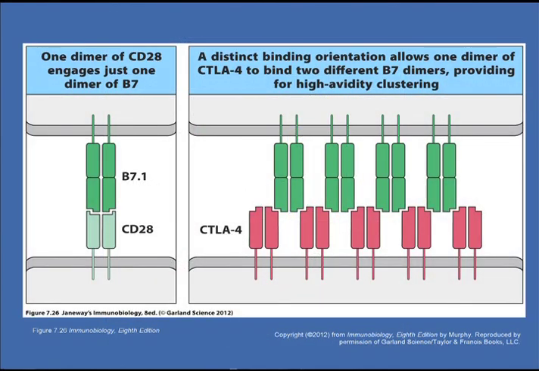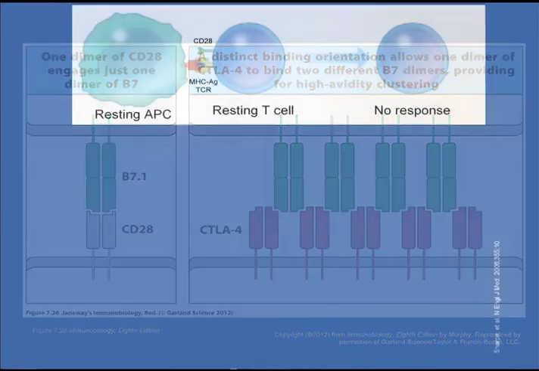Here's CD28 and B7-1 shown on the left, and the CTLA-4 and B7-1 shown on the right. And what you can see is that the CTLA-4 has a distinct advantage. It has the capacity to bind multiple B7-1s and form these clusters with a high avidity. And so it will outcompete CD28 and shut off the immune response.